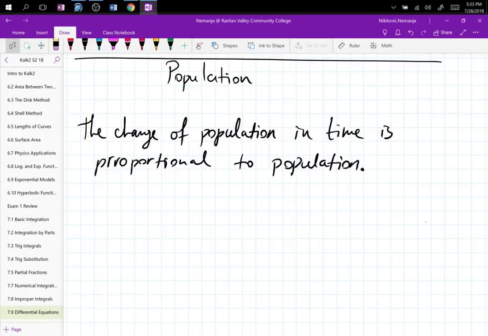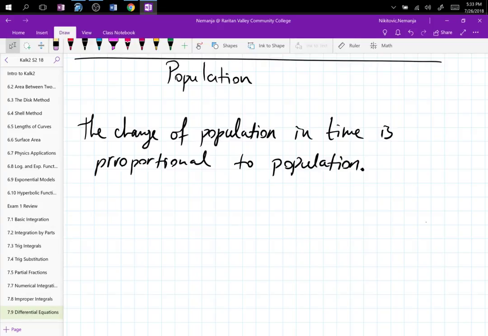The change of population is proportional to population. When you have a huge population, population grows faster. When you have small population, population grows smaller. So the change in population is going to change proportionally. Also, if you have a battle between 2 people and one shoots another, that's 1 person dead.